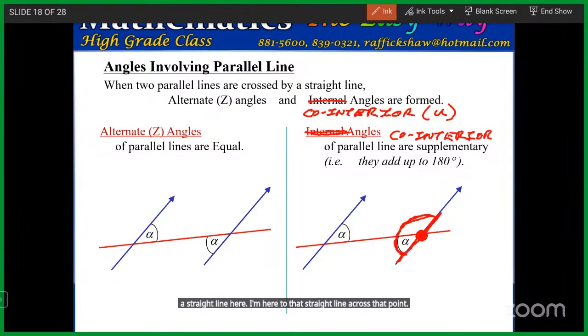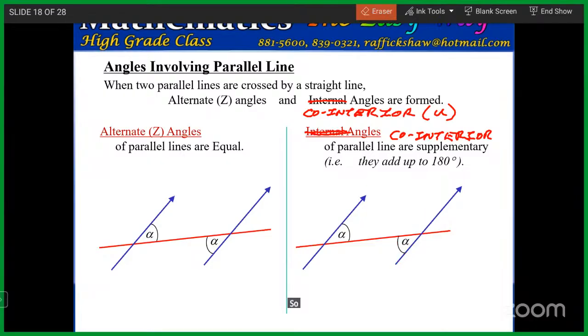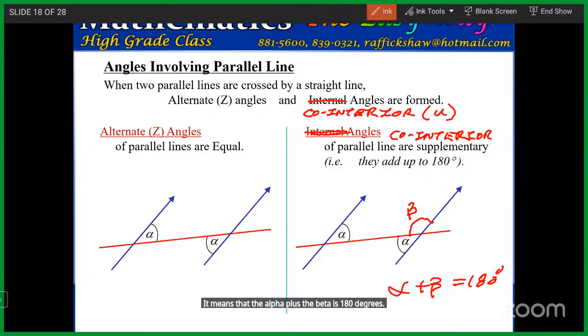An angle and a straight line across a point add up to 180 degrees. So if we call this piece of the angle here beta, it means that alpha plus beta is 180 degrees because they complete the angle on that straight line across that point. All right, so that's what I'm going to be using here.